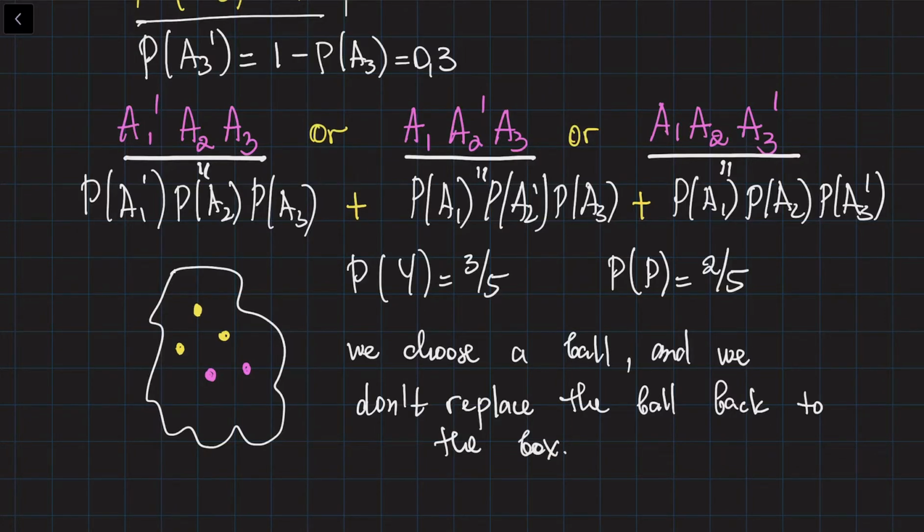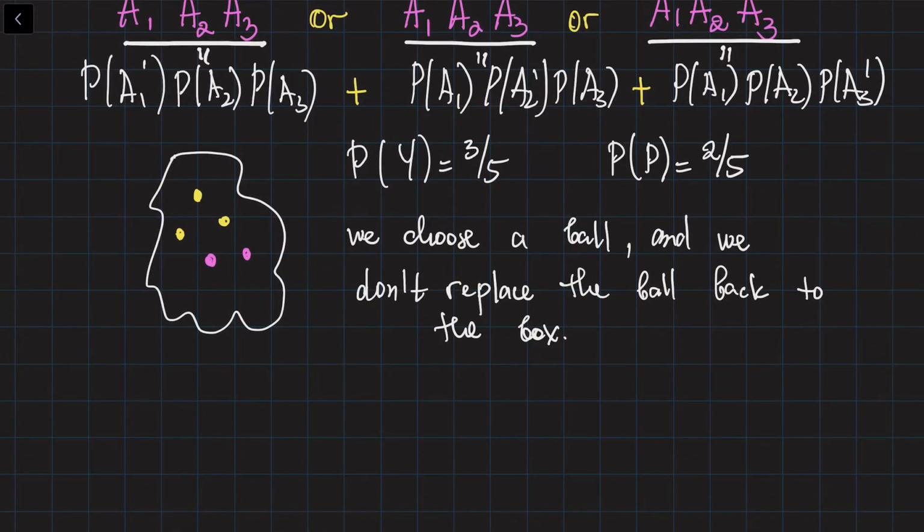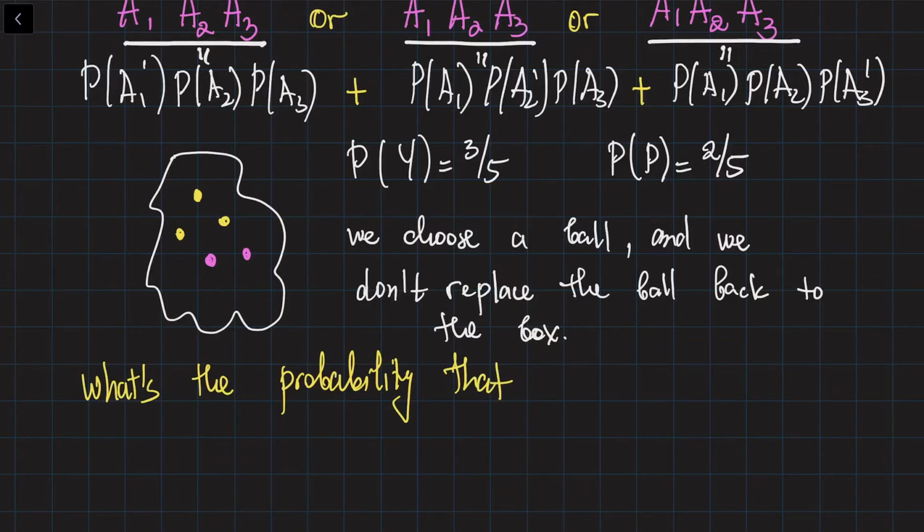And then we are going to choose the ball again for the second trial. So what I would like to know is the probability that the second ball is yellow. So please note that we don't know what the first ball is.